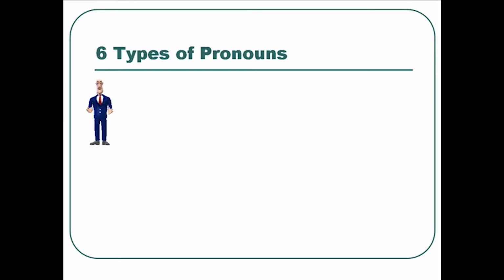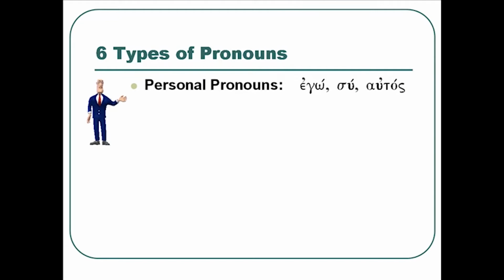There are 6 types of pronouns, many of which we've worked with already. Just want to go back in a quick review here. We had the personal pronouns: ego, for I; su, for you; and autos for he, she, it. Those are the personal pronouns.